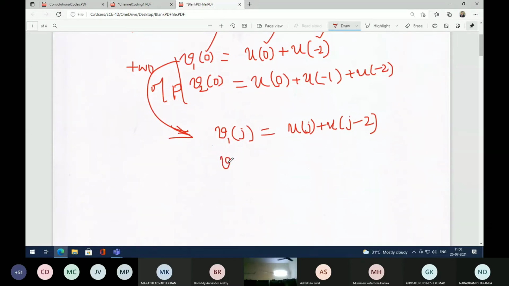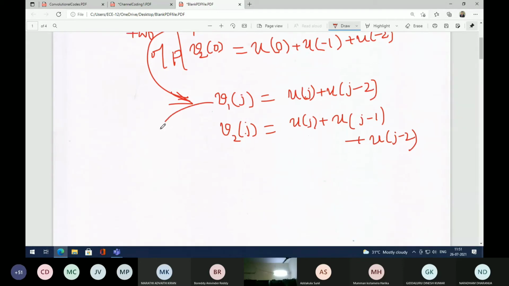Similarly, the second output at the jth time instant is U of J plus U of J minus 1 plus U of J minus 2.